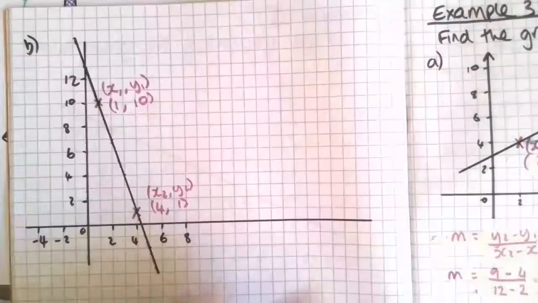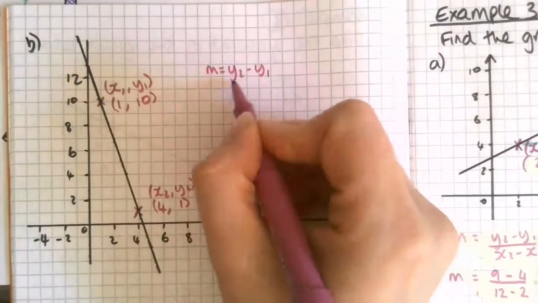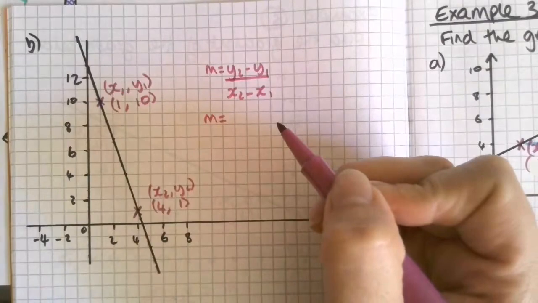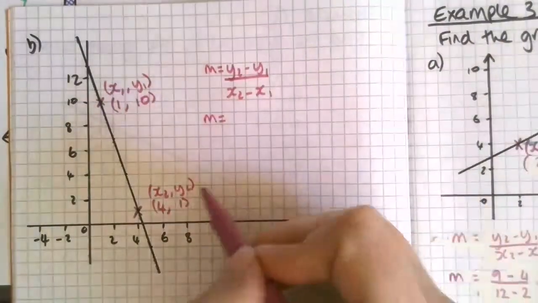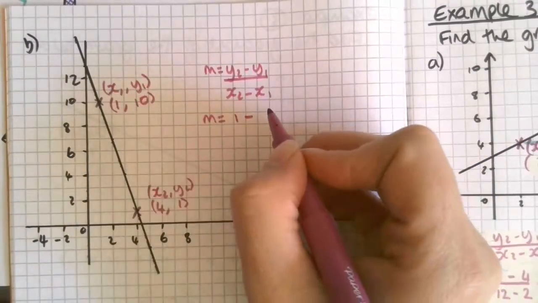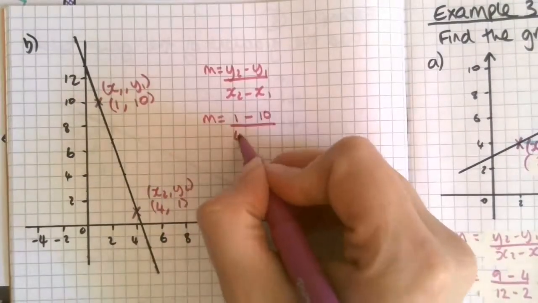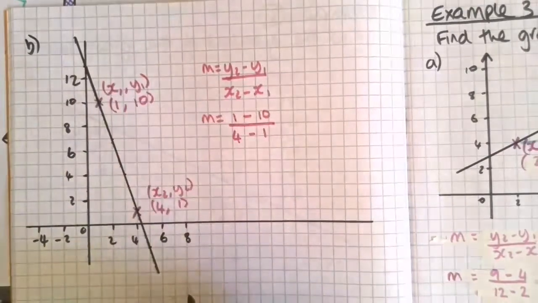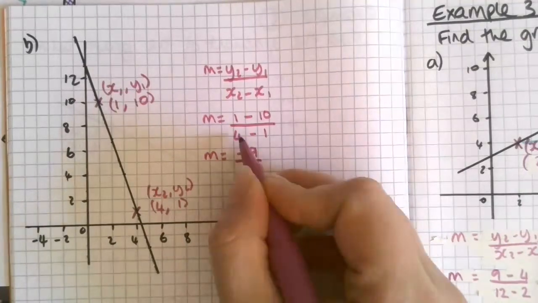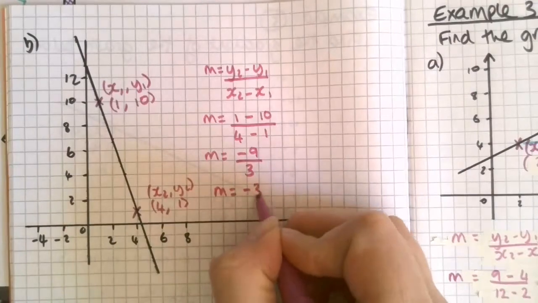So if I'm doing my gradient equals y2 minus y1 over x2 minus x1, I get y2, which is 1, take away y1, which is 10, divided by x2, which is 4, take away x1, which is 1. So 1 take away 10 gives me minus 9, divided by 4 take away 1, which is 3. So I get a gradient of minus 3.